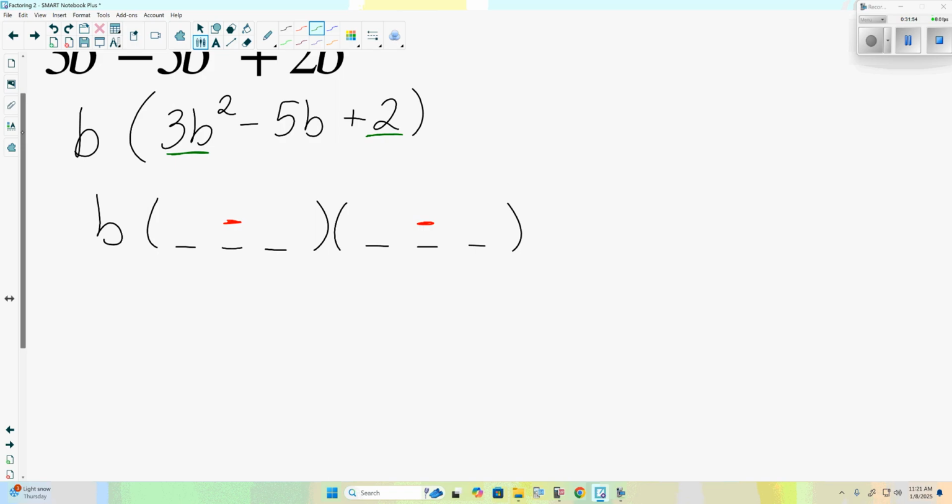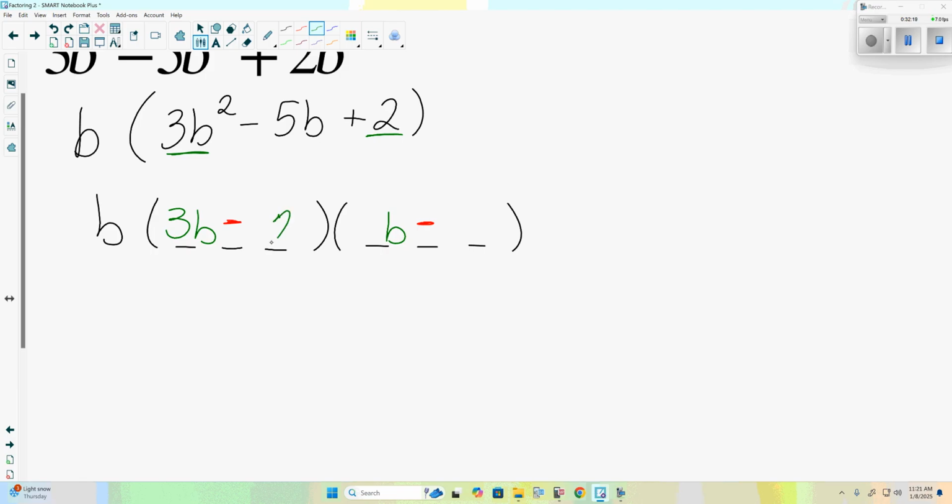Now we need to find the factors of the first and third term. So our 3b squared, well, the factors of b squared are b and b. And then our factors of 3 are 3 and 1. Since, again, there's only one set of factors, we can just plug those in. And factors of 2 are 2 and 1. Doesn't matter which one we put first.